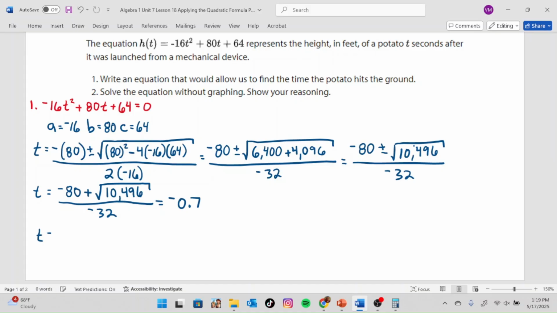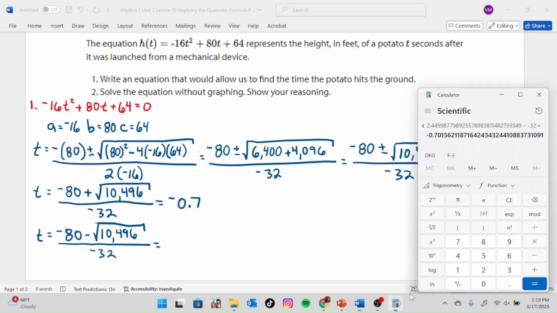Then I'm going to solve it by saying that I have negative 80 minus the square root of 10,496 divided by negative 32, and we'll put this in the calculator. So again, 10,496. We take the square root.